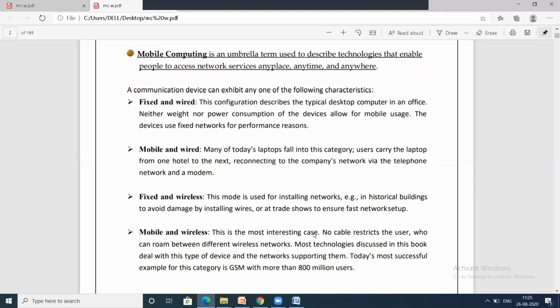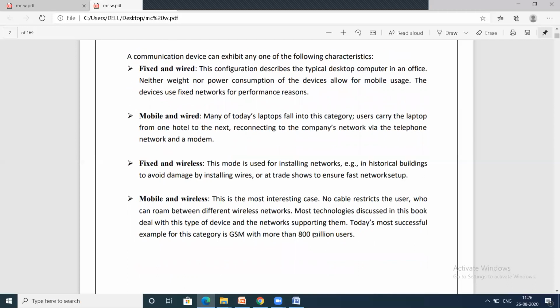Thereafter, we discussed the four characteristics of a communication device. Students, please listen to these topics carefully and refresh once. If you have any doubt, just let me know. These are the four characteristics of any communication device. Either of these characteristics must be applicable to any communication device.